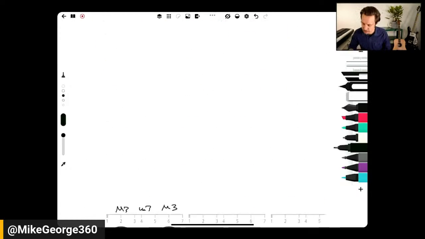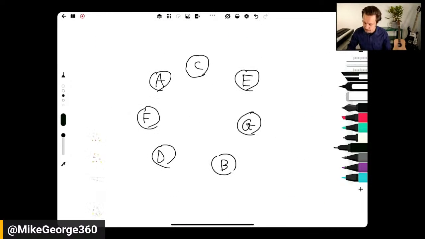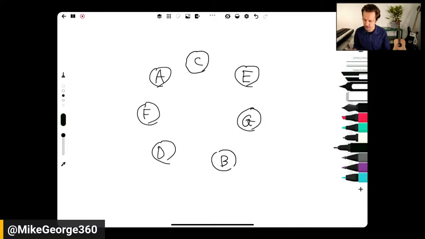So if we go back to our first diagram, where we just show it as a perfect circle, we lose that really important information of, wait, that's a major third, that's a minor third, that's a major third, that's a minor third, because they're equidistant in the circle.